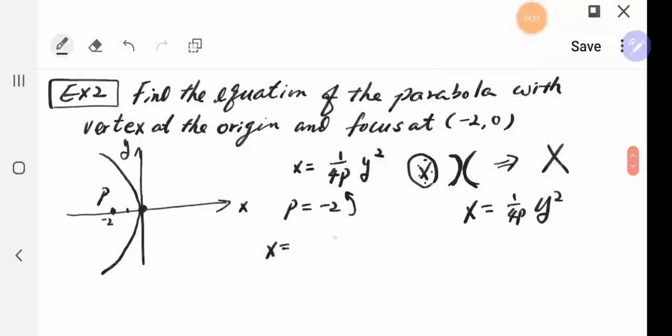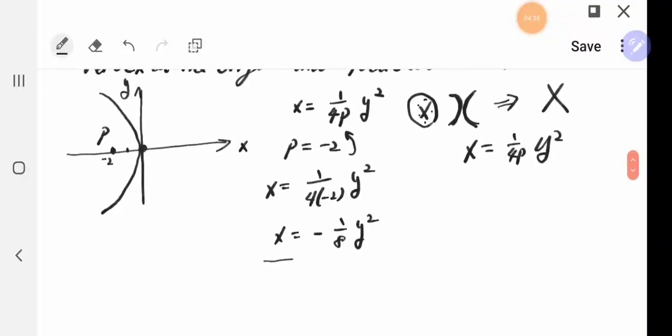So x is equal to 1 over 4 times negative 2 y squared. So x equals negative 1 over 8 y squared. So this is the equation. Or you can move negative 8 to the left, so it can also be negative 8x is equal to y squared. Actually, it doesn't matter. So this equation is fine.